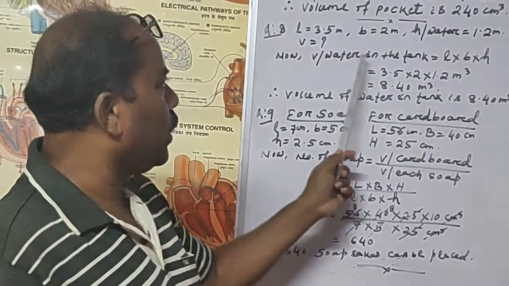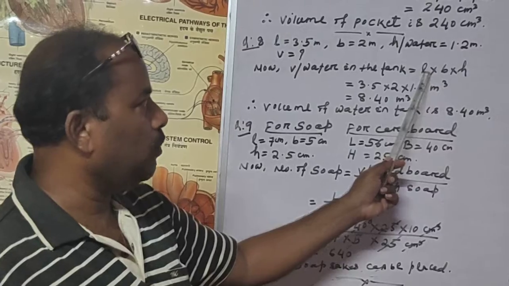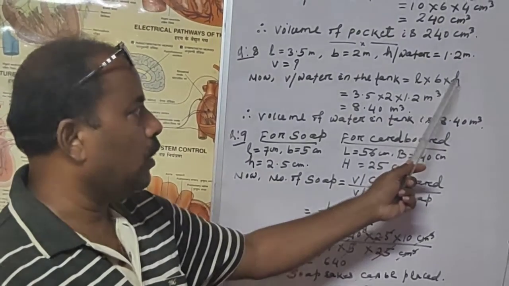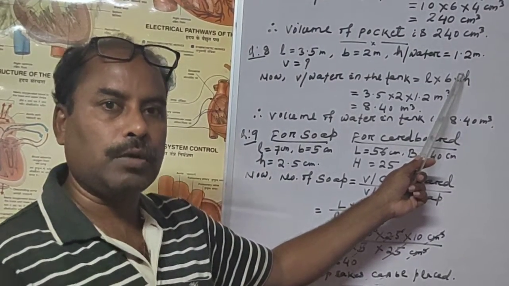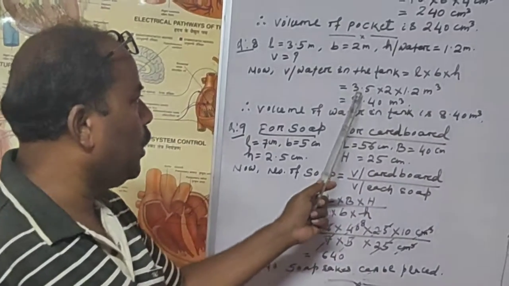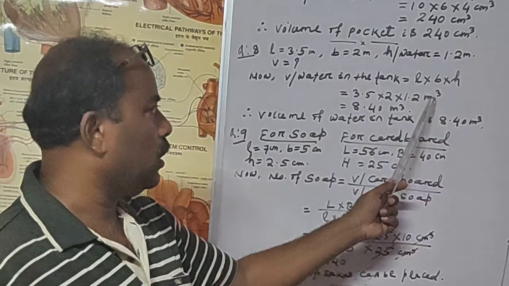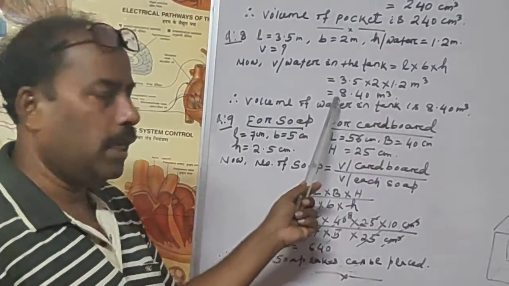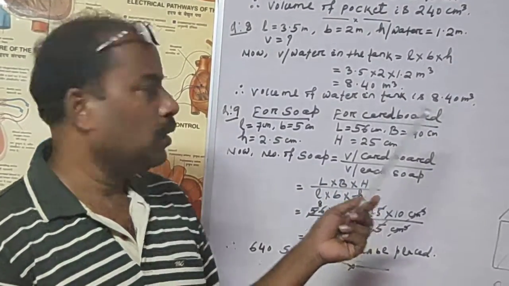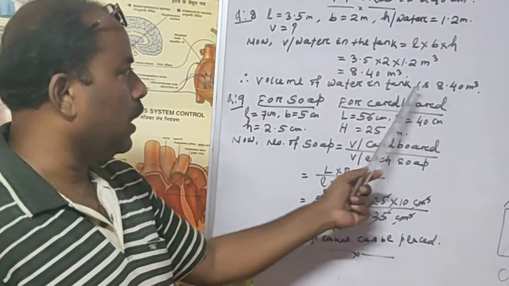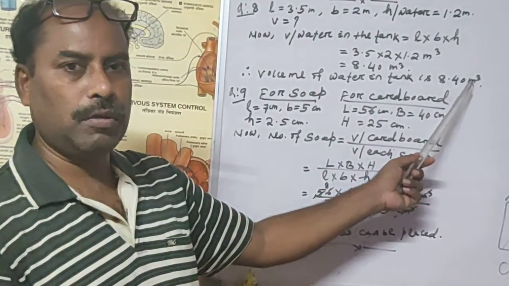So now volume of water in the tank is equal to length of tank into breadth of tank into height of not tank but water. So now 3.5 into 2 into 1.2, as it is meter cube. So altogether it will be 8.40 meter cube. So therefore the volume of water in tank is 8.40 meter cube.